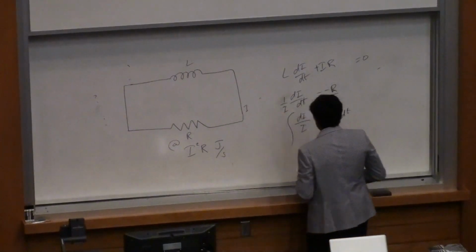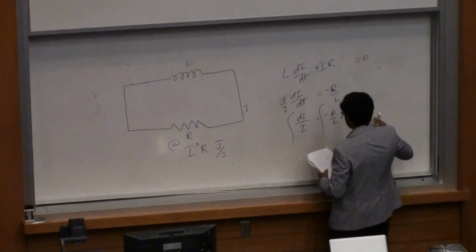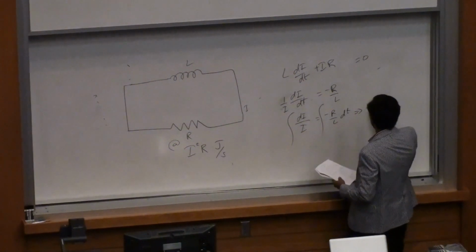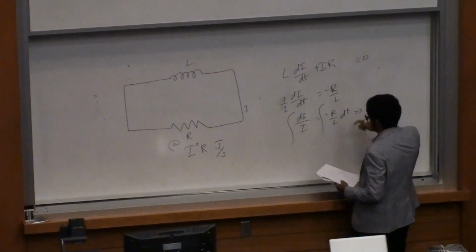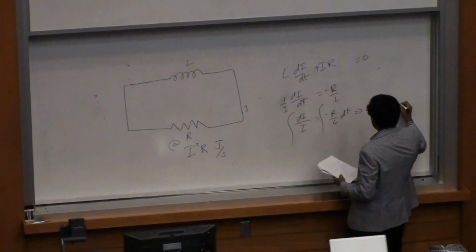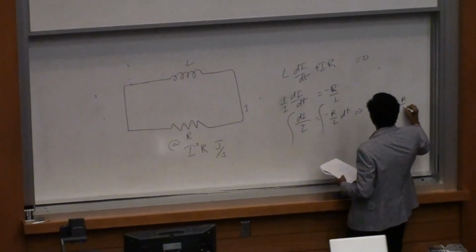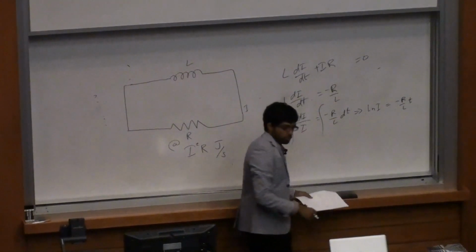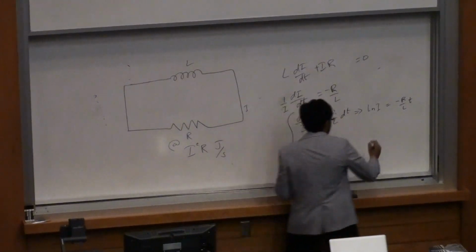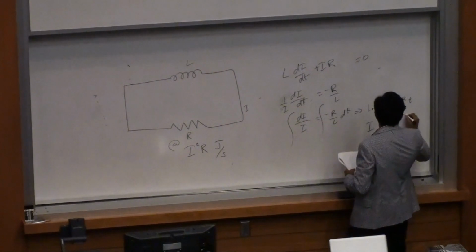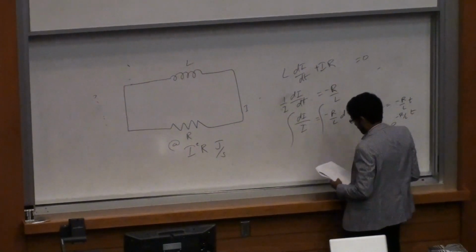So I get the natural log of I, from 0 to some I, equals minus R over L t. I take the exponential of both sides, so I get I equals e to the minus R over L t.